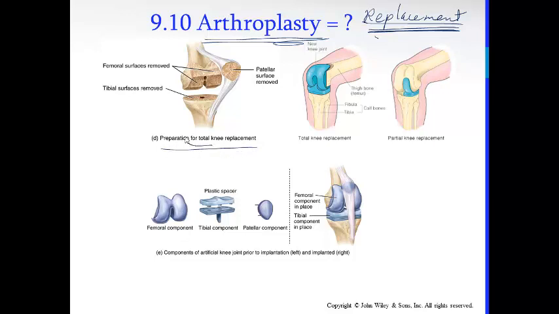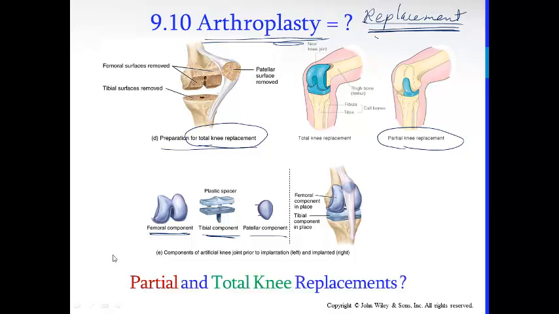If preparing for total knee replacement, they first remove your patellar surface a little bit. They also have to remove part of your femoral surfaces and part of the tibial surfaces in order to insert new knee joints into each part. But you could also just have partial knee replacements. And we have specific parts for the femoral component, the tibial component, and the patellar component as well.